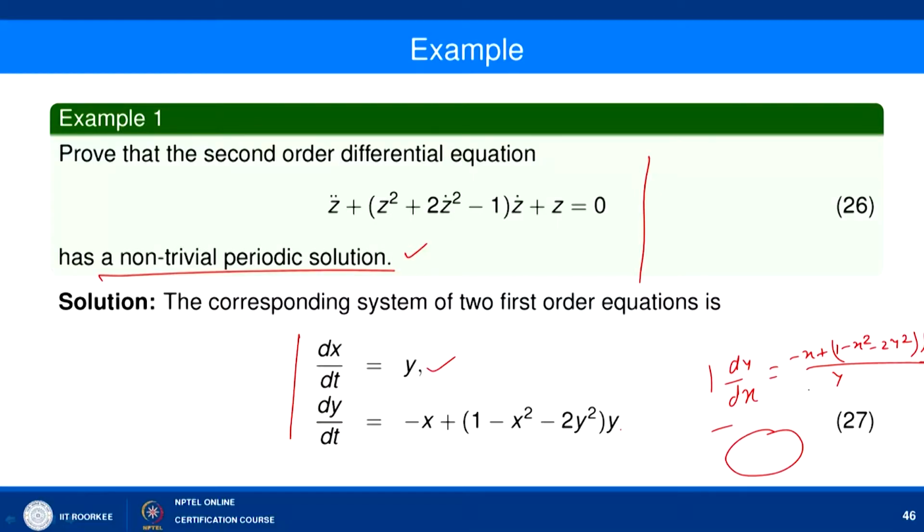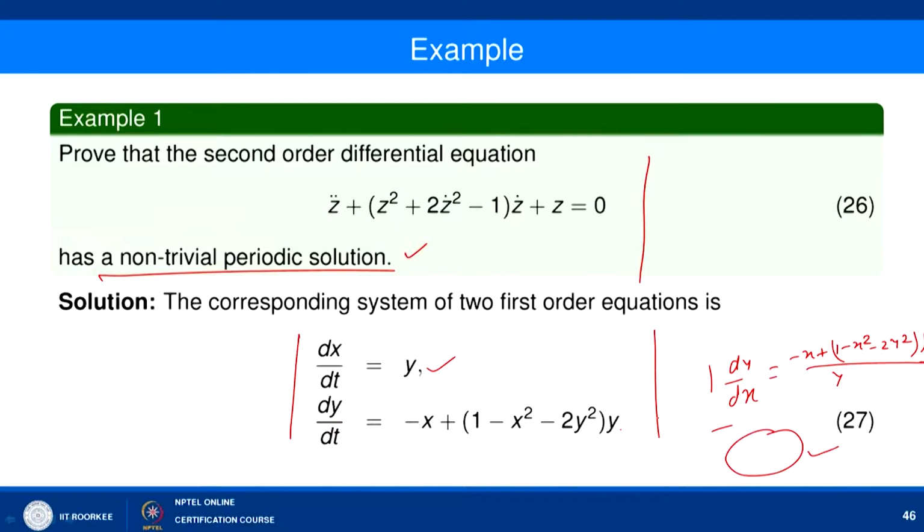But that requires this first order nonlinear differential equation dy/dx to be solvable, in an explicit manner. If you are not able to find the equation of the orbit, we cannot check whether it is a closed orbit or just an orbit. So, it is quite difficult when this is a general nonlinear system.